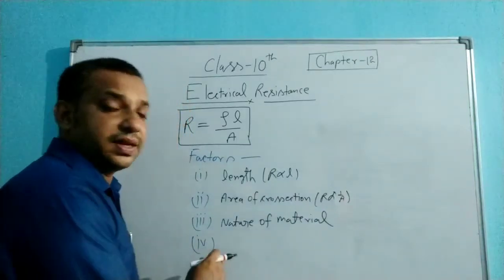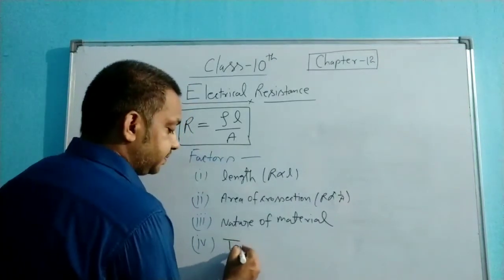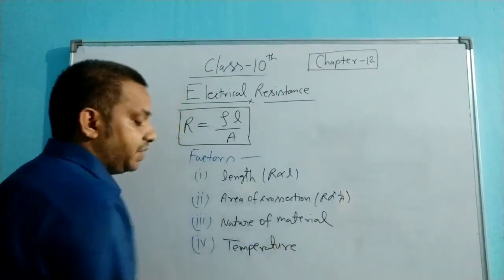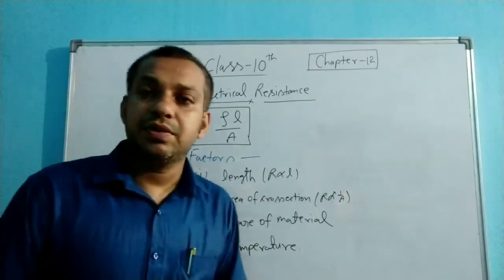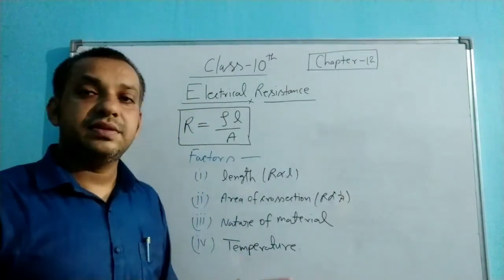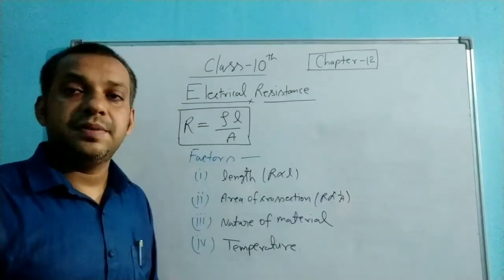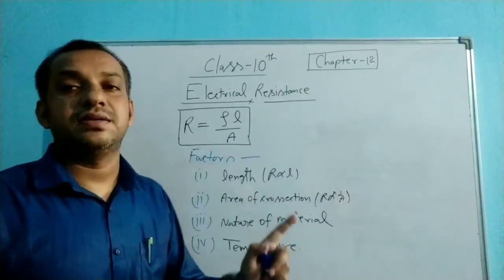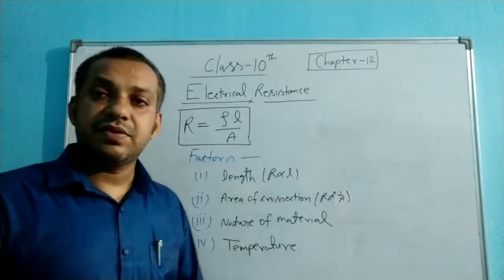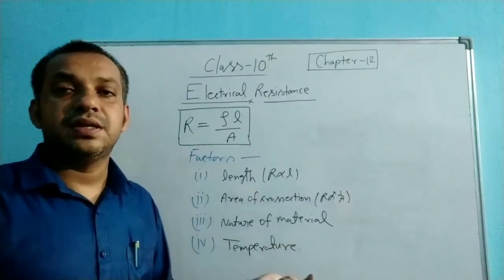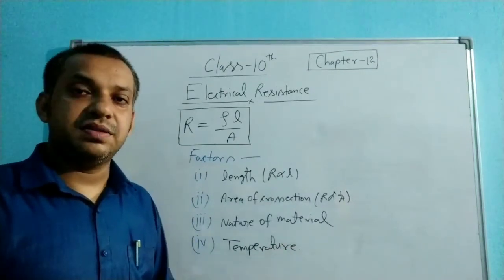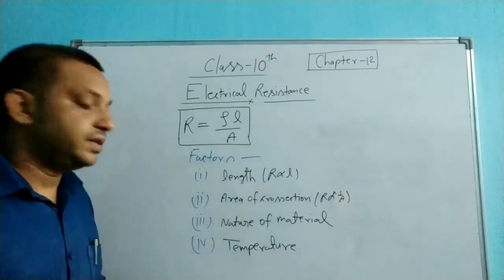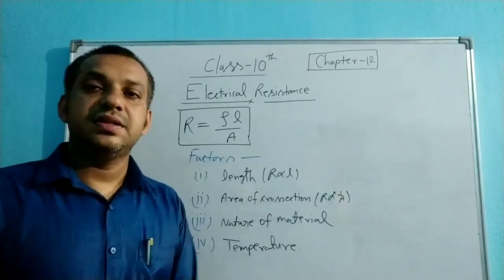And the fourth and last one is temperature. If you increase the temperature of the conductor, its resistance also increases. And vice versa, if you decrease the temperature, its electrical resistance decreases.